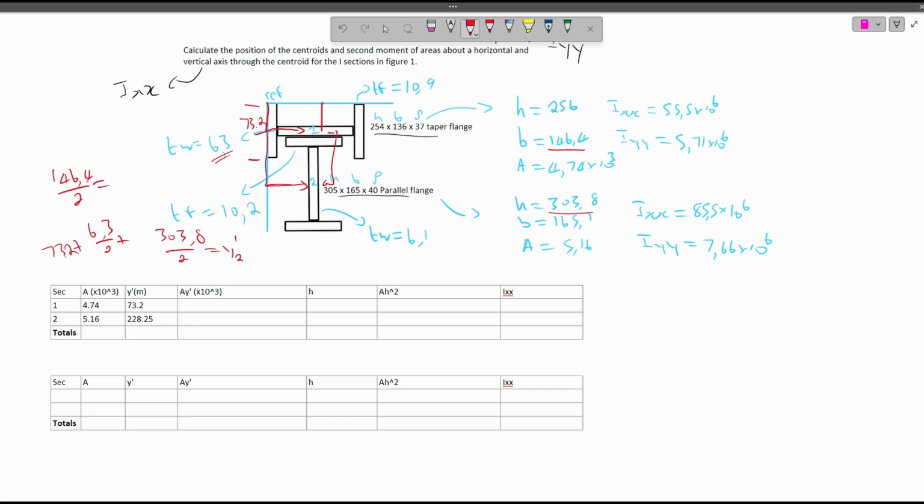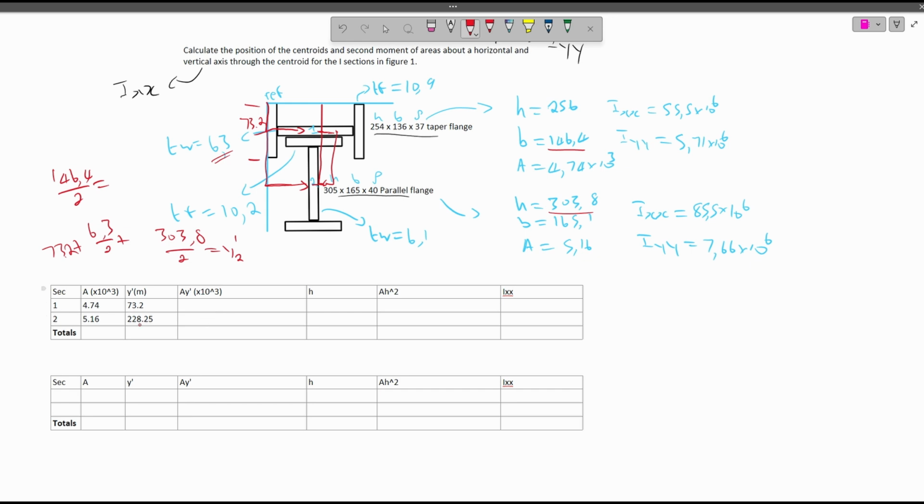We're looking for the distance from here to the center of this shape, which is up to here. We know this one already, so now we're left with this one. We have 73.2 for this one. And then for here, we have half of the TW remaining downwards, which is 6.3 divided by 2, which is 3.15, plus half of this one. So 73.2 plus 3.15 plus half of 303.8 is your y for part 2.